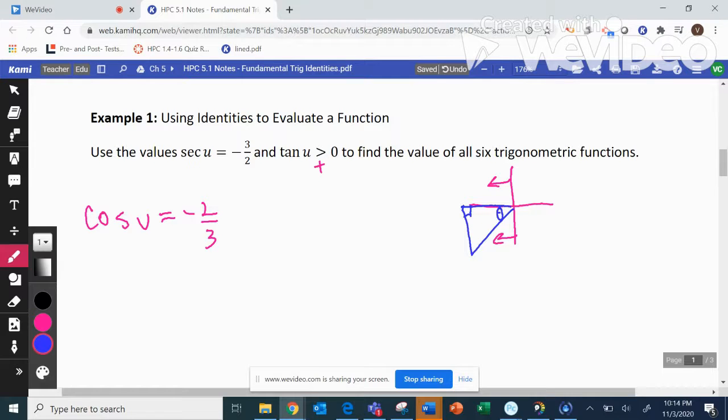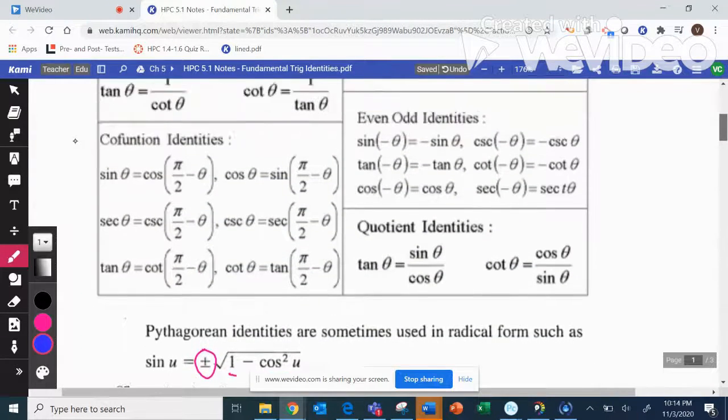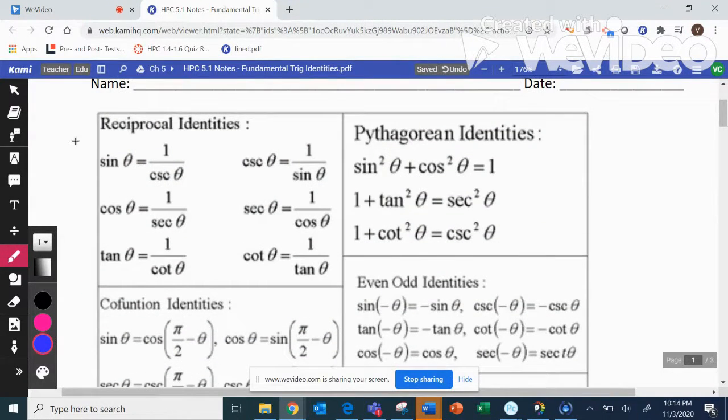So I'm going to use this Pythagorean identity up here that says sine squared theta is equal to 1 minus cosine squared theta from our last chapter.